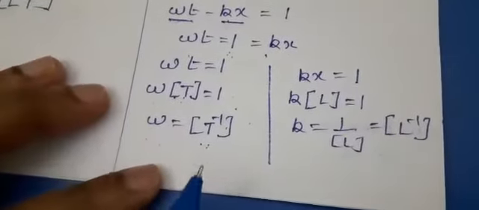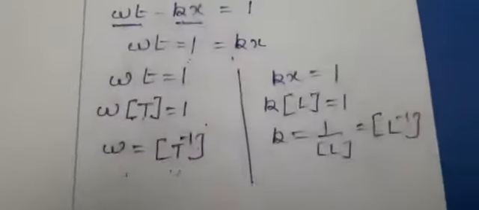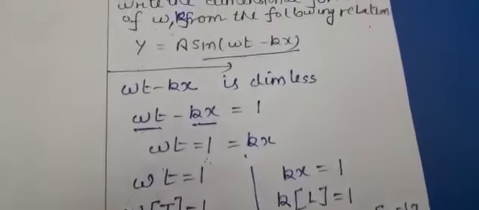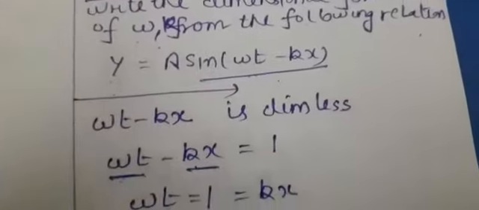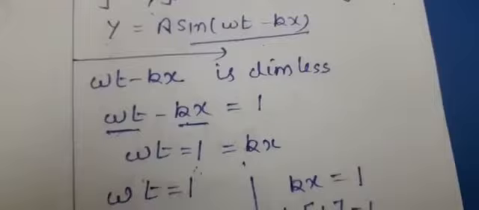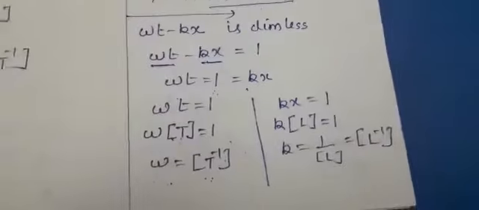In this way you have calculated the dimension formula of omega and k. What we have used here is that the angle in this relation should be dimensionless. So each of the two terms whose difference is taken must also be dimensionless.